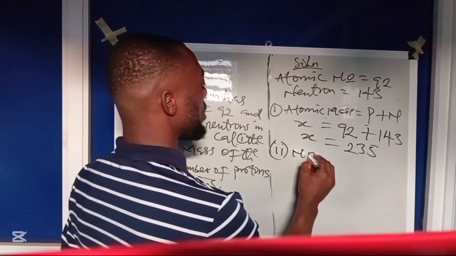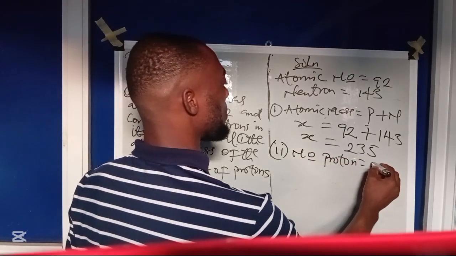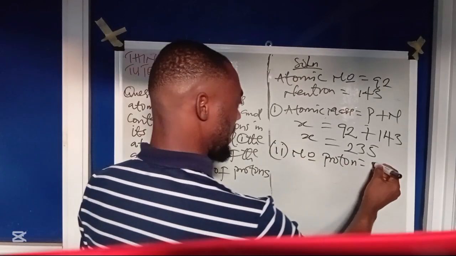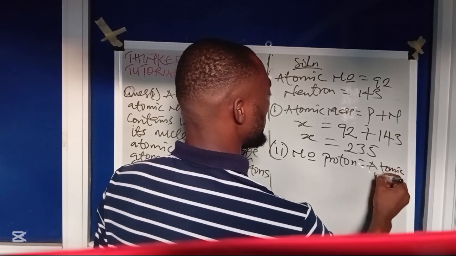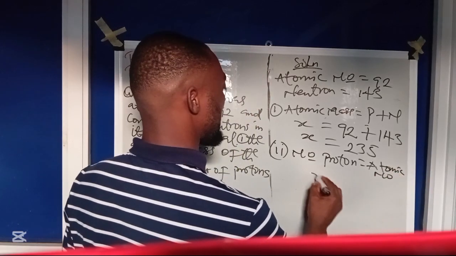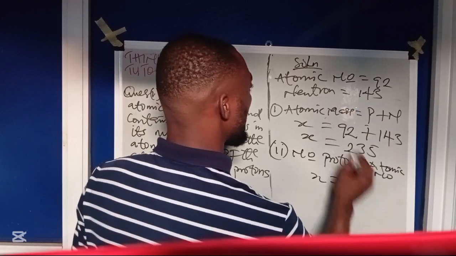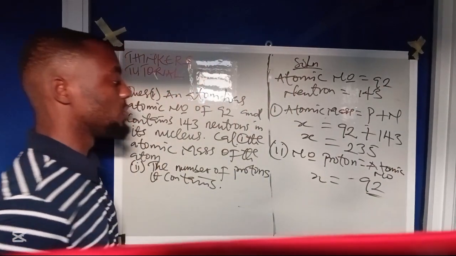The number of protons is always equal to the atomic number. So from here, we see that our atomic number is equal to 92. So this is the answer to this question.